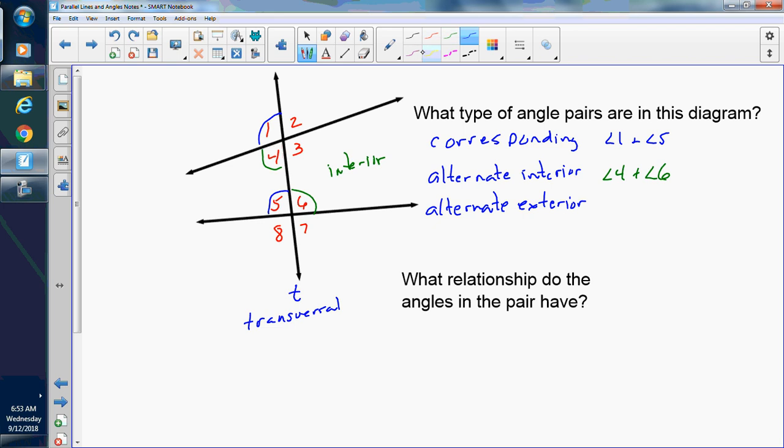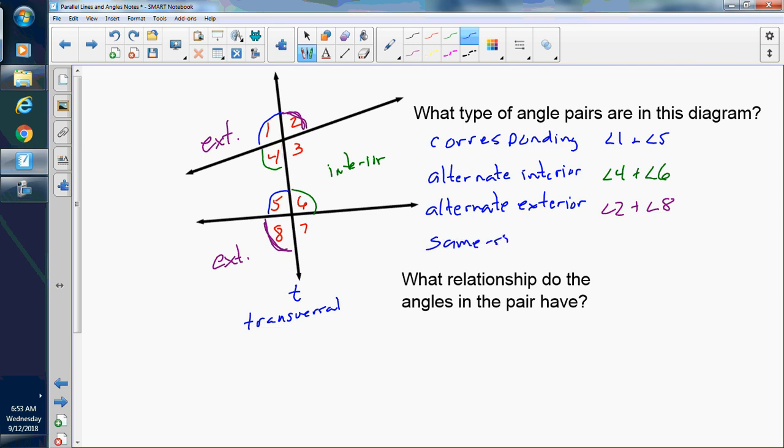In this case, our alternate exterior could be like angle 2 and angle 8. Again, they are on opposite sides of the transversal, thus the word alternate, and they are outside in the exterior of the two lines.